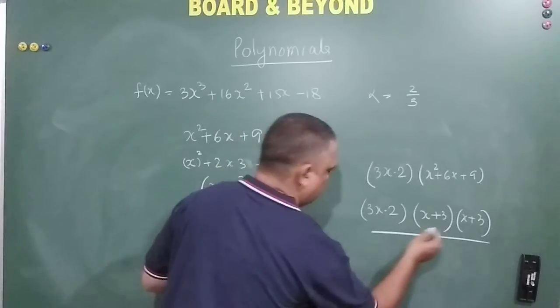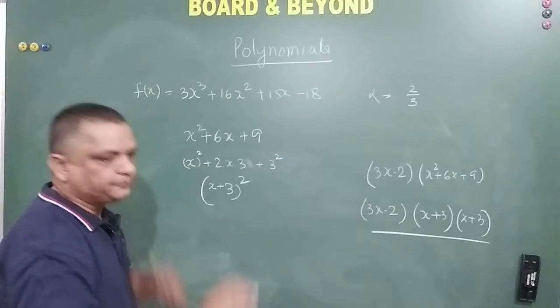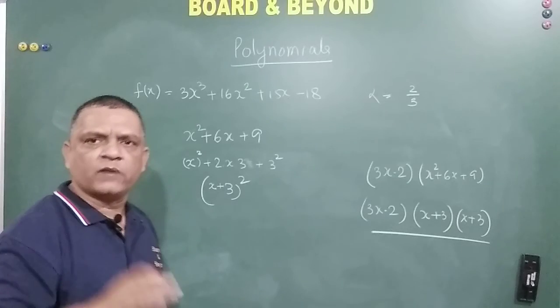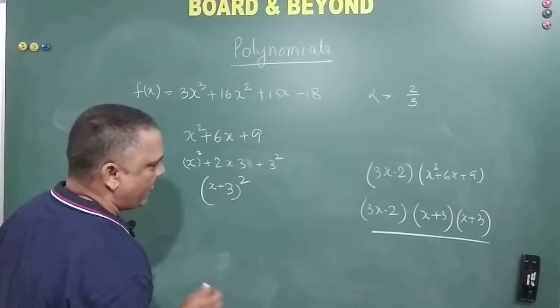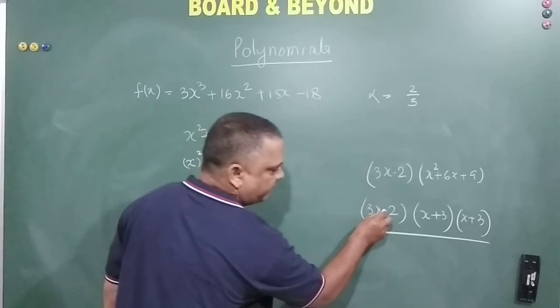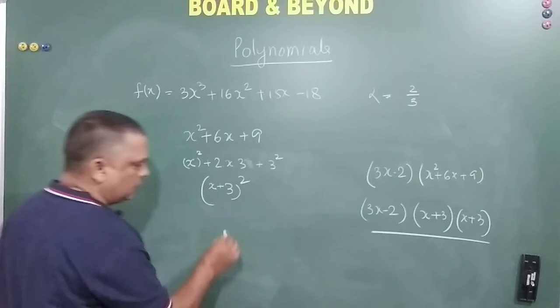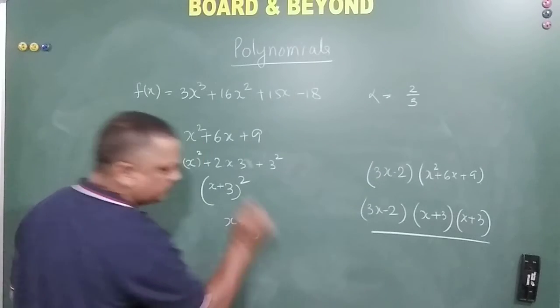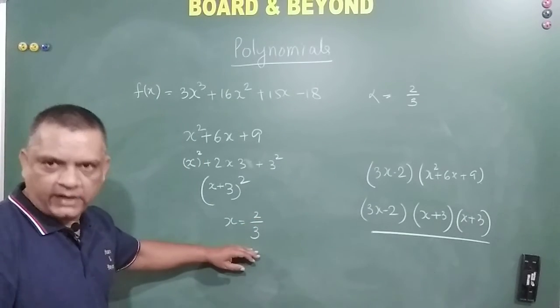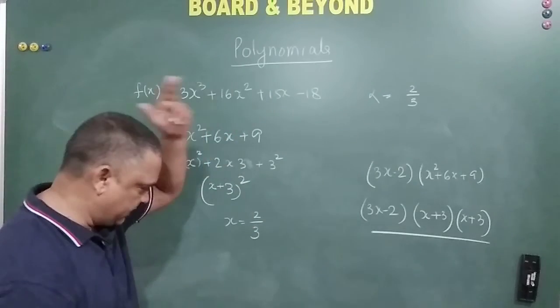We equate all factors one by one to 0 and try to find the value of x. If I equate the first factor to 0, we get x is equal to 2 by 3, which was also given in the question.